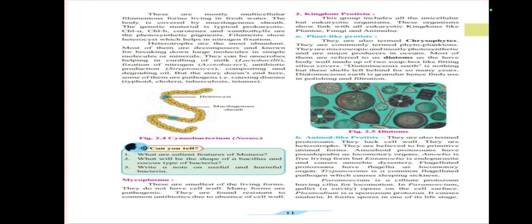Flagellated protozoans have flagella as locomotory organs. Trypanosoma is a common flagellated pathogen which causes sleeping sickness. Paramecium is a ciliated protozoan having cilia for locomotion, with a gullet, a cavity open on the cell surface. Plasmodium is a sporozoan protozoan. It causes malaria. It forms spores in one of its life stages.